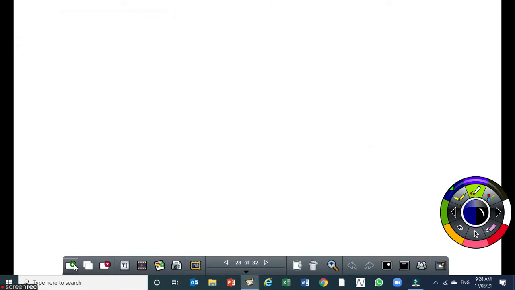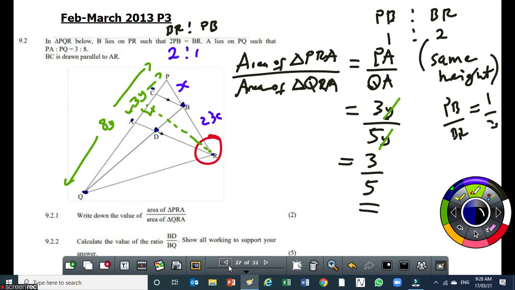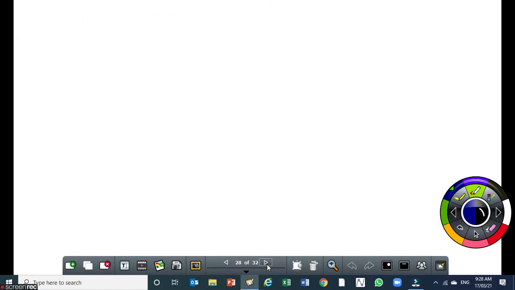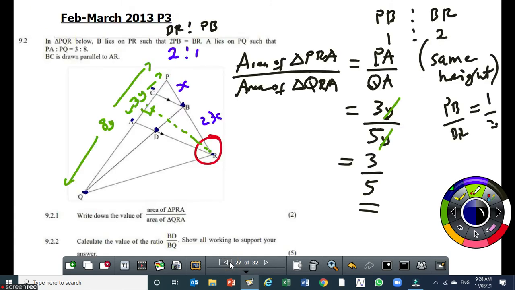So this is 9.22. So 9.22 in triangle BCQ. If I use the proportion theorem, I want you to be aware that you write this way. Because I want BD over BQ, I can write it as CA over CQ.